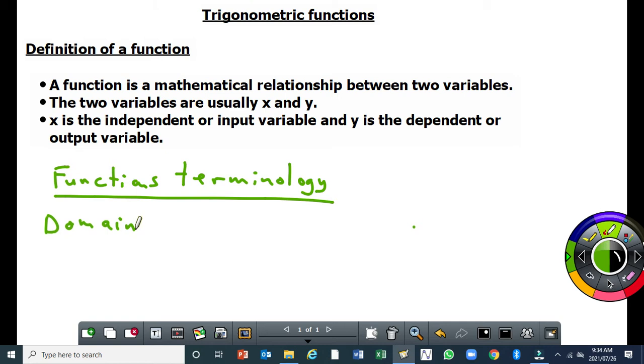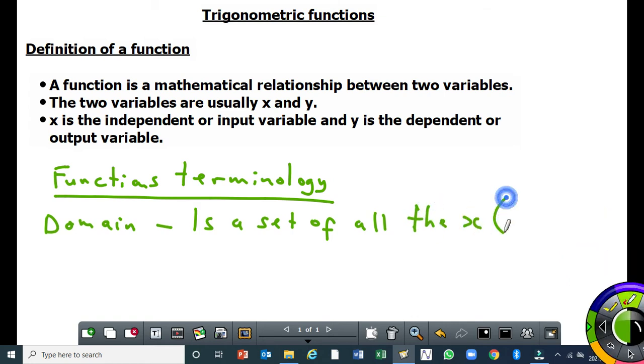Now your domain is a set of all the x values. I'm saying x, but sometimes it can be theta. So it is the set of all the independent values, the set of all the x, in brackets here, I'll say theta.